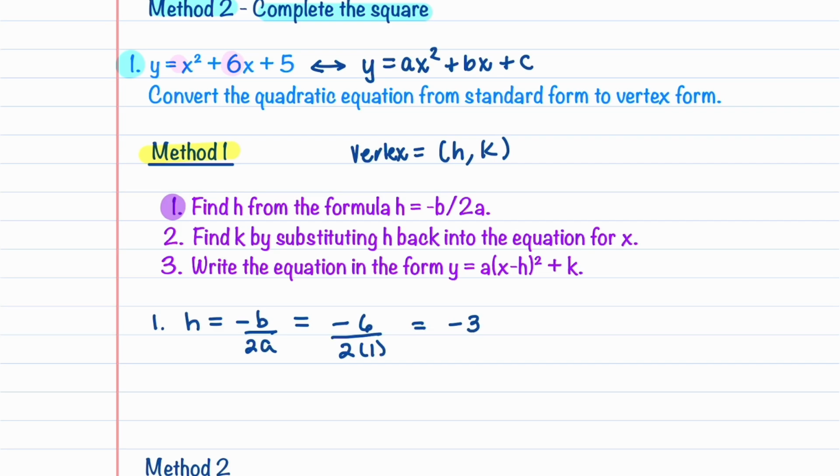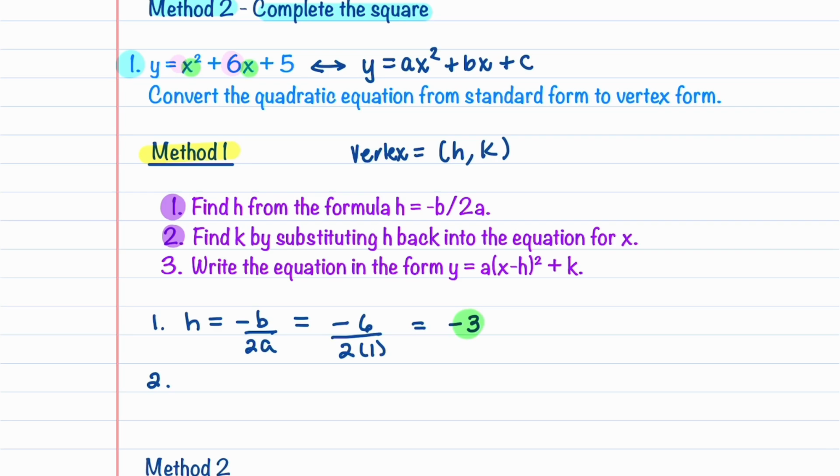Now let's find our k. I've outlined this in our second step. We're going to find k by substituting h back into our equation for x. Here's our h, and we're going to plug it back in wherever we have an x.